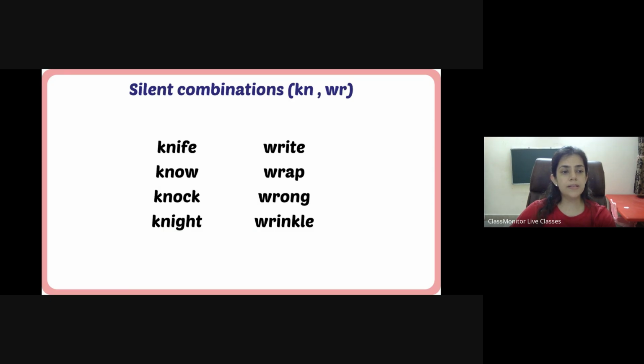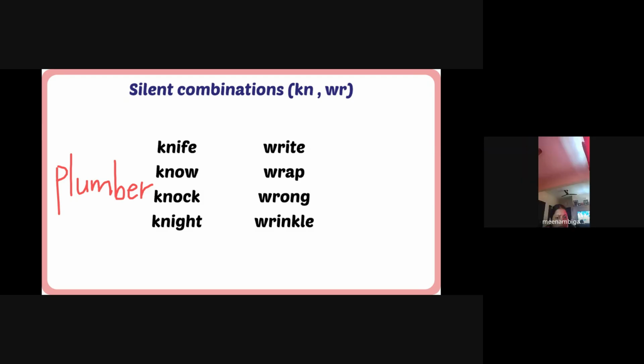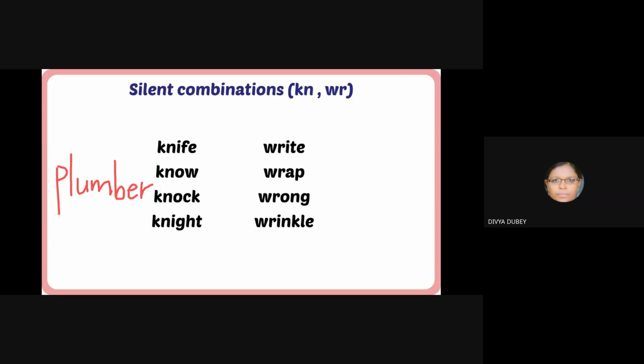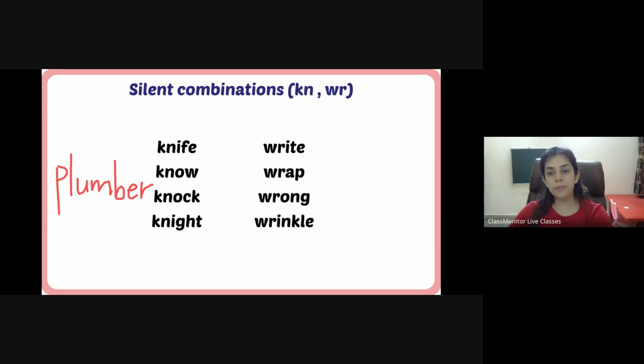Now I want somebody to read out this word for me. Plumber. Tasreen, we would have waited, please. All right. Divya, can you read out this word for me? Ma'am, it's either plumber or plumber. You tell me, what do you call it?